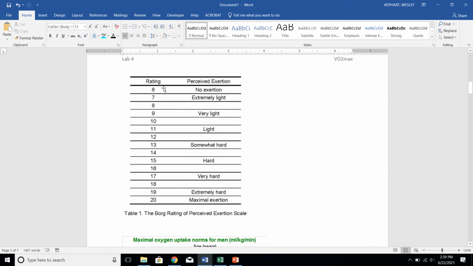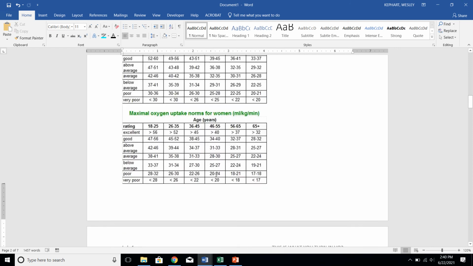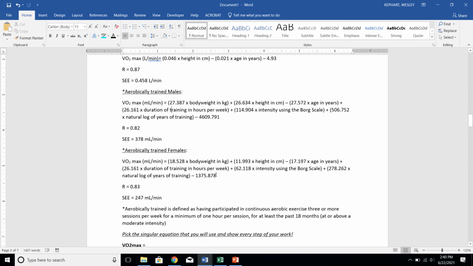Notice curiously this Borg scale is 6 to 20. If you just add a 0 to it, it looks a whole lot like heart rate. We're all around 60 at rest, and around 200 at our max. Granted, that's not exactly right, but it'll get you in the ballpark. So if my heart rate averages about 130, then I would put in a 13 for that value, right?